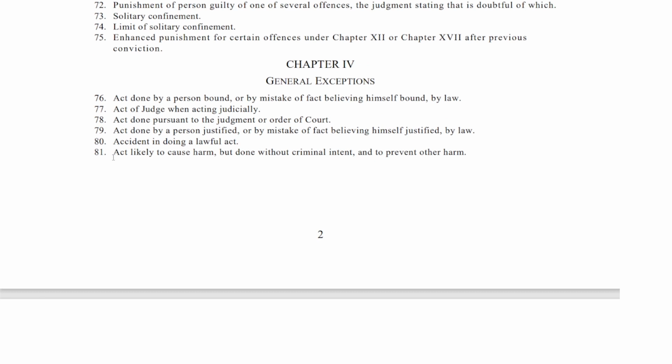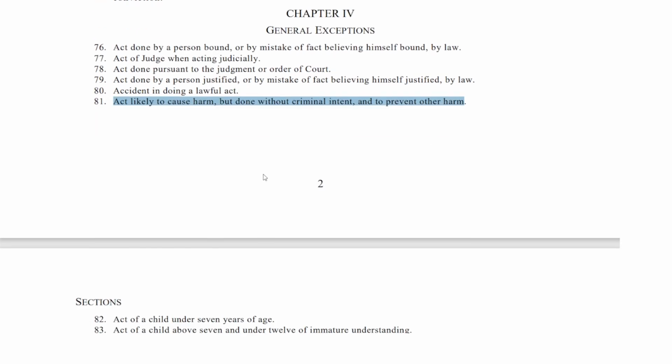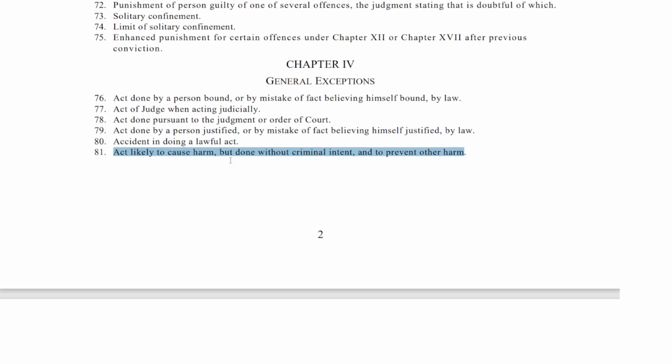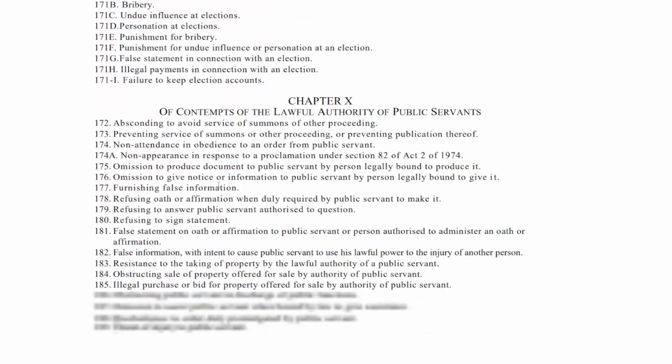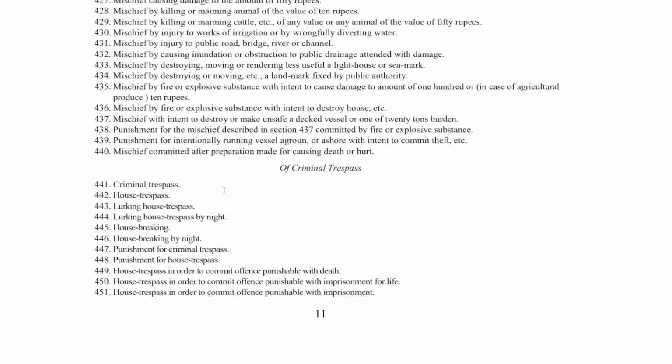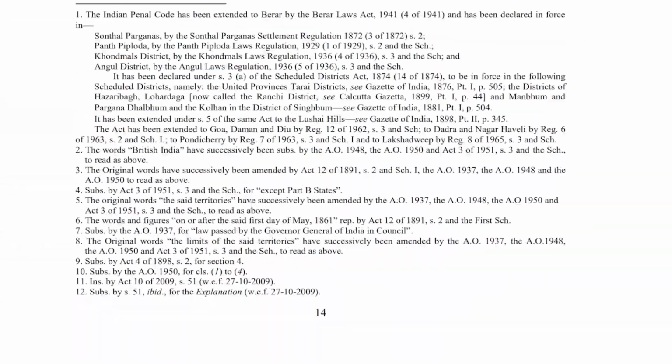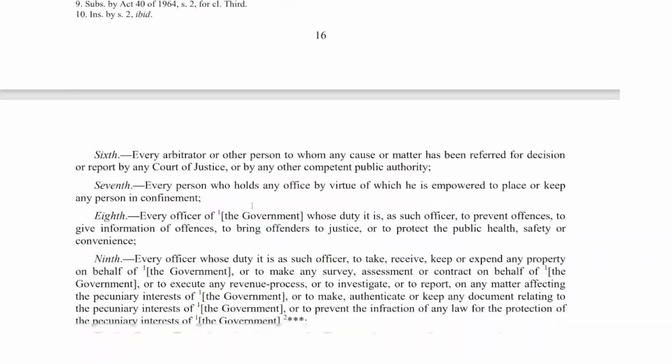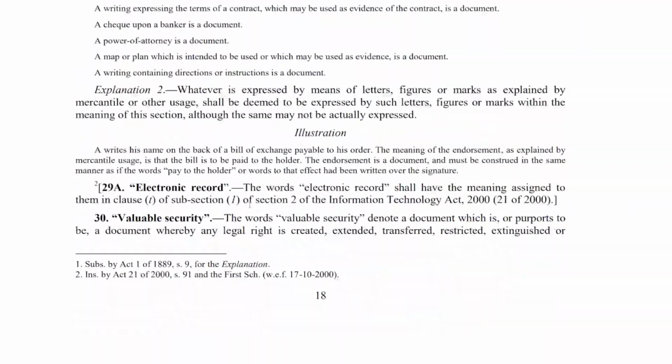Yes, we are talking of this particular section: an act likely to cause harm, but done without criminal intent, and to prevent other harm. We will just go to the section for a better understanding. So these are the general definitions of the Act.